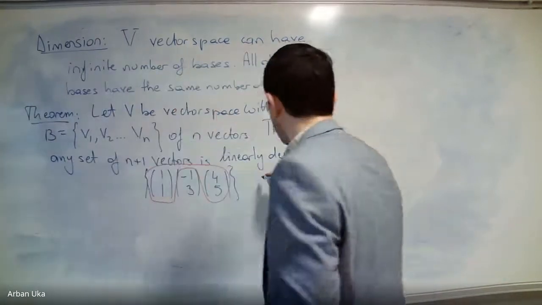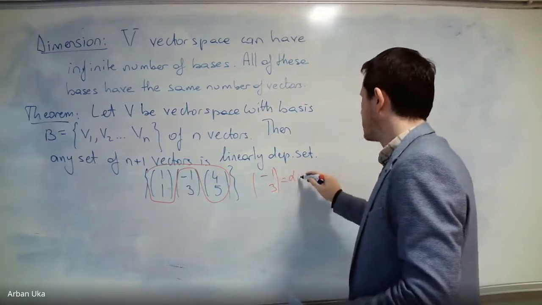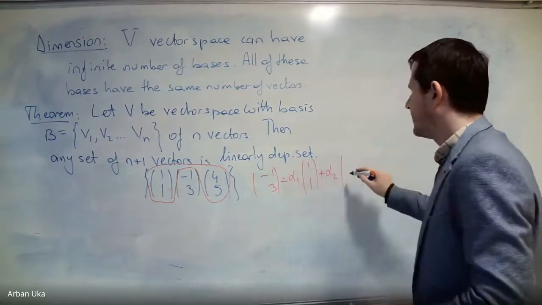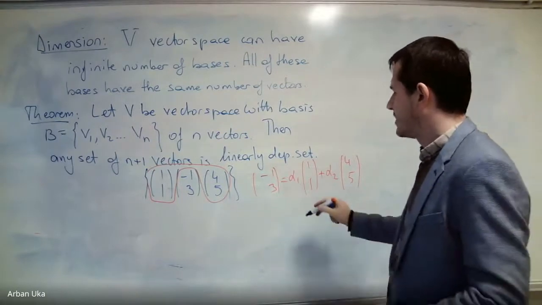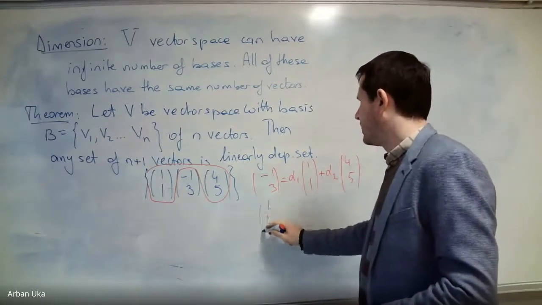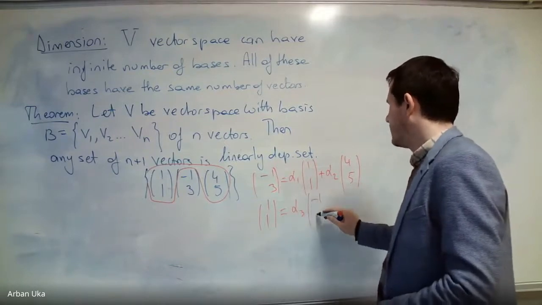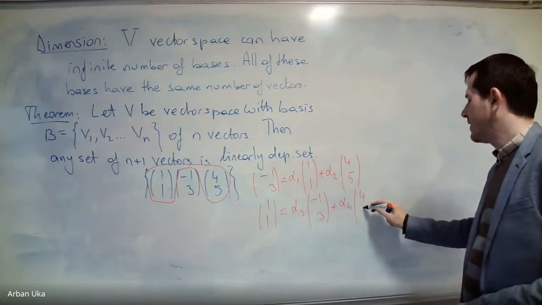So we can write it like this. (-1, 3) can be written as alpha 1 times (1, 1) plus alpha 2 times (4, 5), right? Now, we can do this, but at the same time, we can also say that (1, 1) can be written as alpha 3 times (-1, 3) plus alpha 4 times (4, 5).